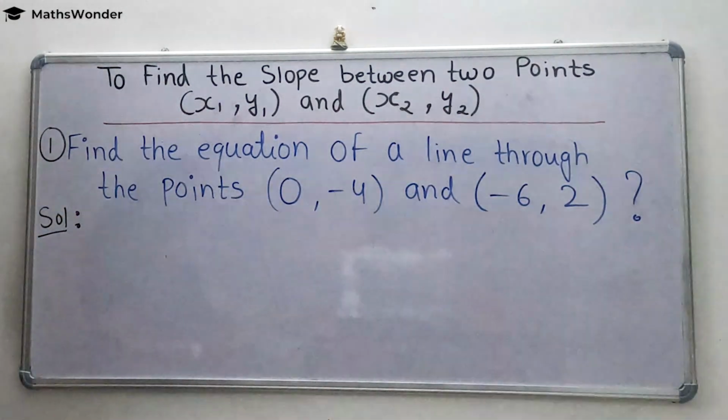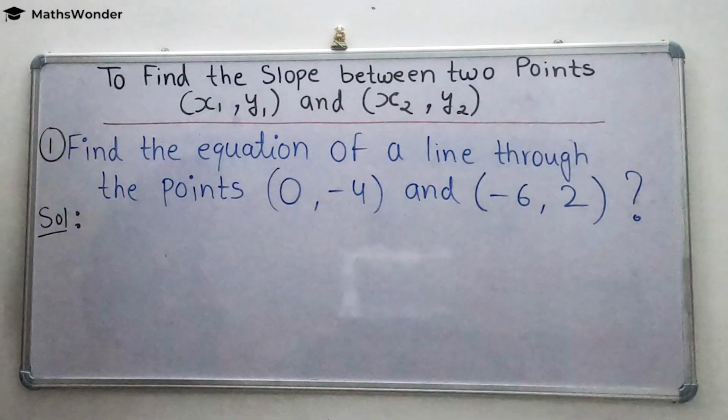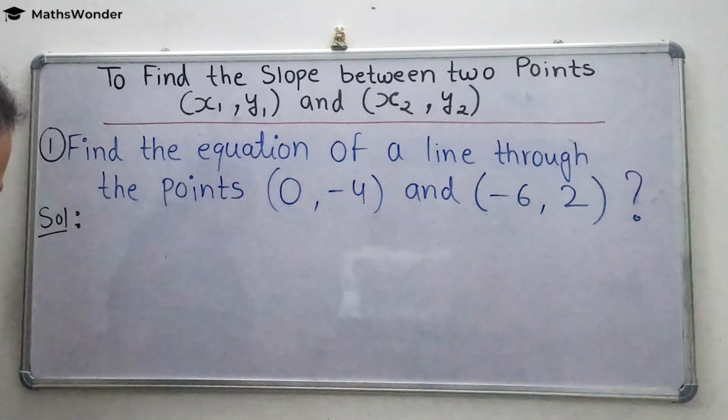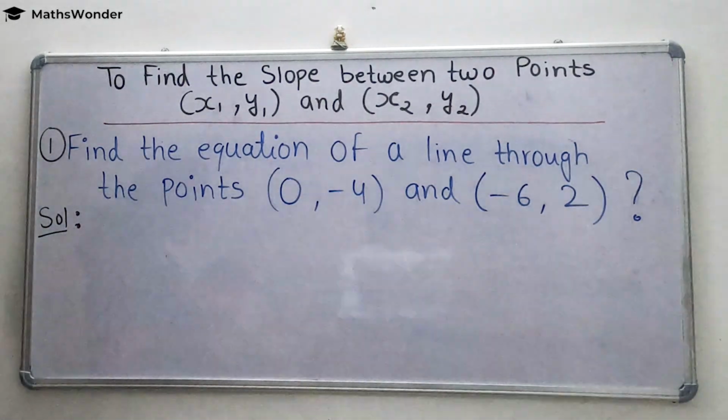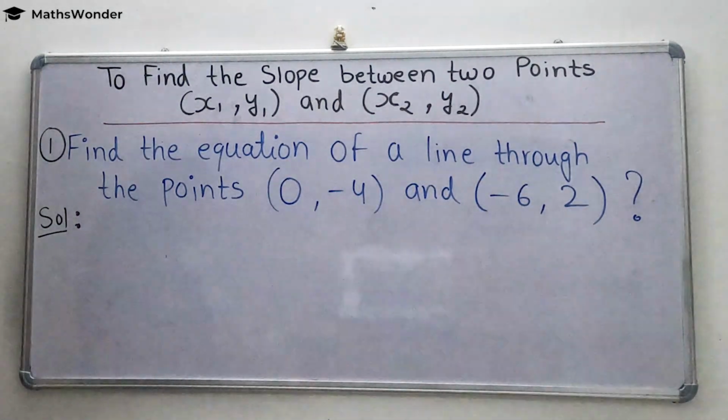Now come to the solution. So find the equation of a line, or you can write it, find the slope. Okay, find the equation of the line through this point and this point, or you can find the slope. So how will you find it?